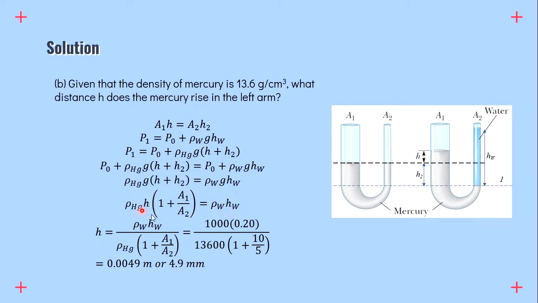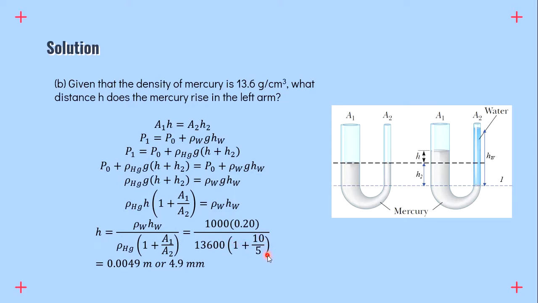Okay, now if I manipulate this equation more, I can finally derive the formula for h. So h is equal to rho_w h_w over rho_Hg times (1 plus A1 over A2). Substituting the knowns to get the unknown h, we get 1000 times 0.2 over 13,600 times (1 plus 10 over 5).